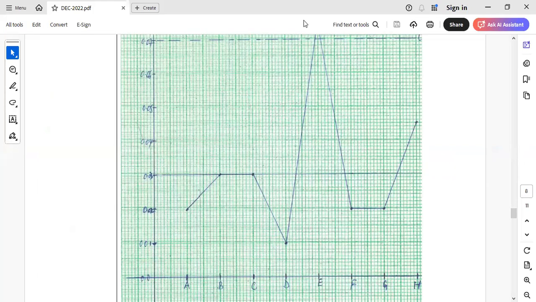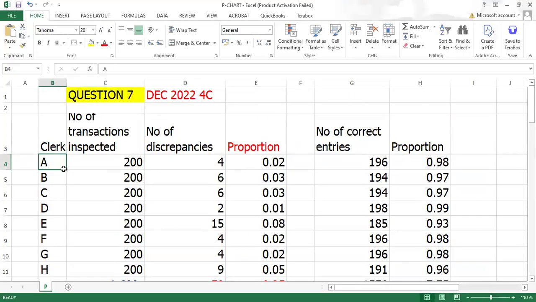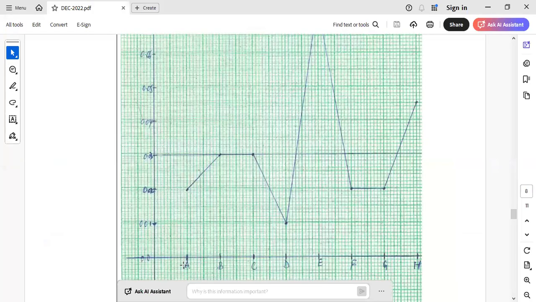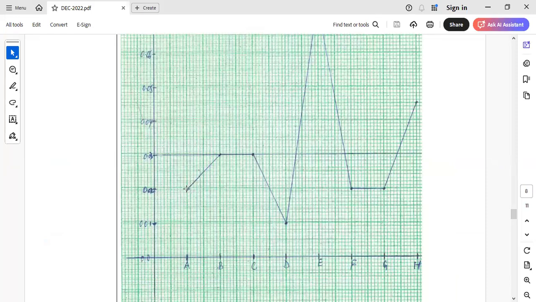Then I start plotting. You stand where you have A on the horizontal axis, then you look for 0.02 on the vertical axis. This is A. Put a dot.